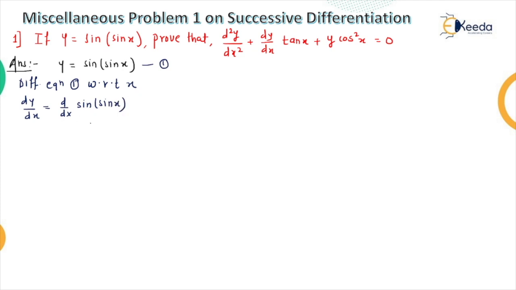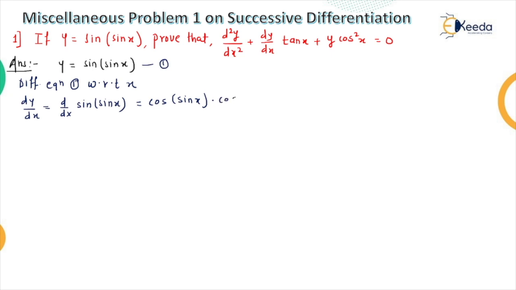The derivative of sine x is cos x, so we get cos of sine x, and into the derivative of sine x, which is again cos x.